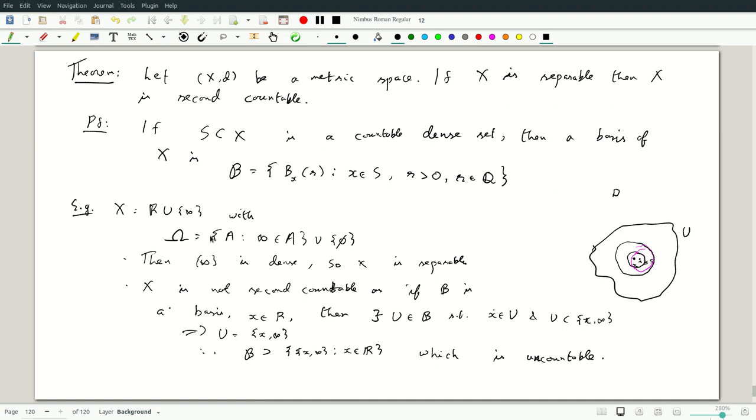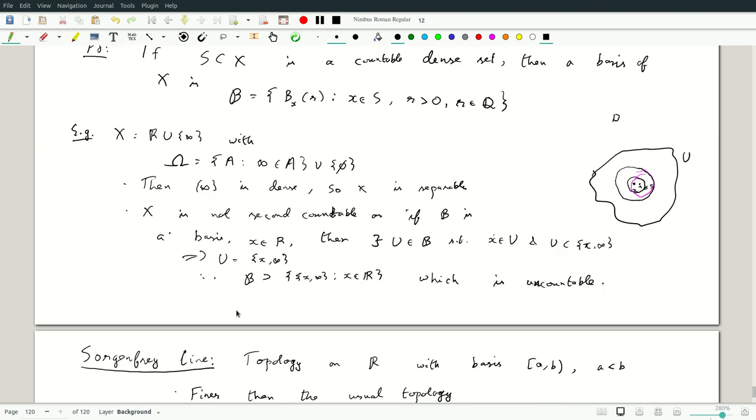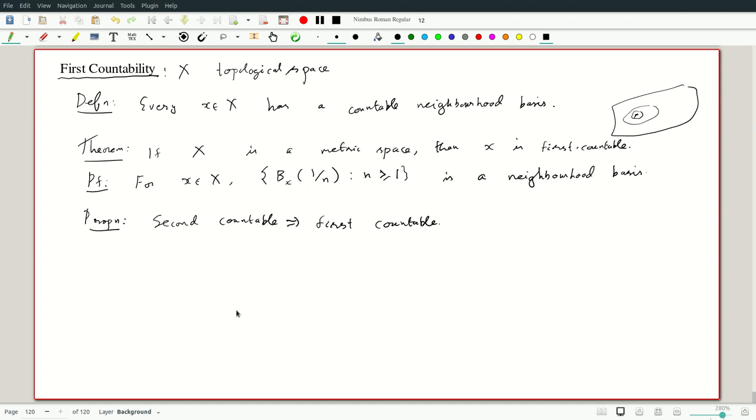That is, if I take a subspace of a separable space, it need not be separable. But second countable and first countable are fairly obviously hereditary, because given a basis, you intersect it with a subspace, and you get a corresponding basis or neighborhood basis for the subspace.